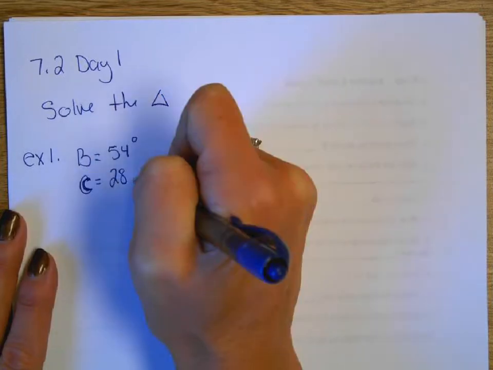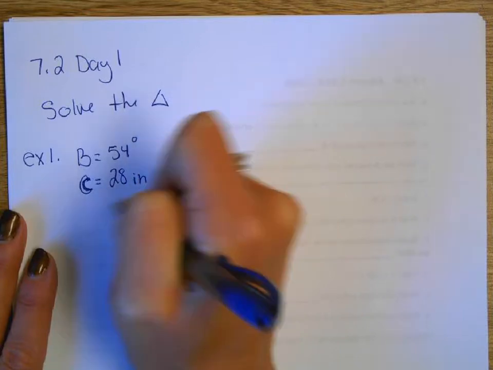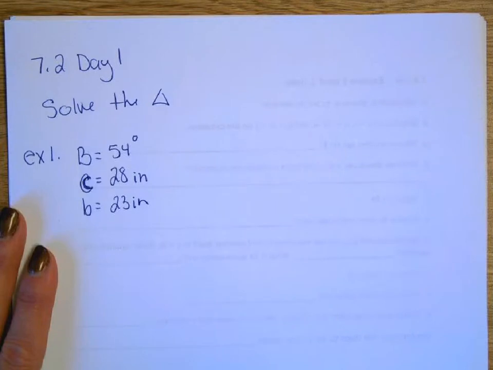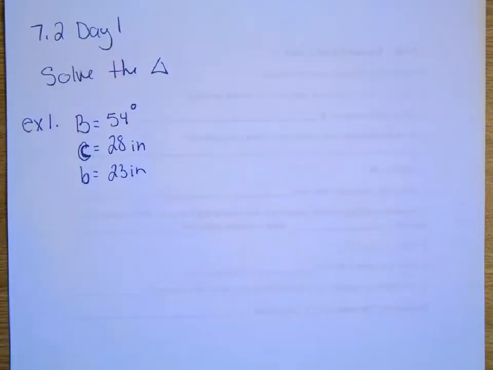Little c. Little c. Did I guess right? Okay. So there's the three parts. So that big C, it's inches, so it's got to be little c. We've got to make them smaller. So, draw the triangle. I have no idea what three parts those are without the picture.